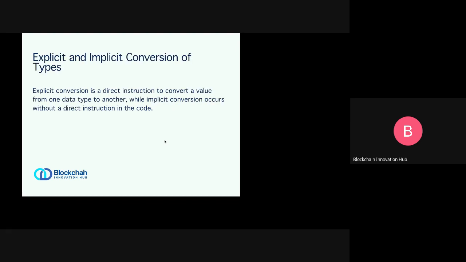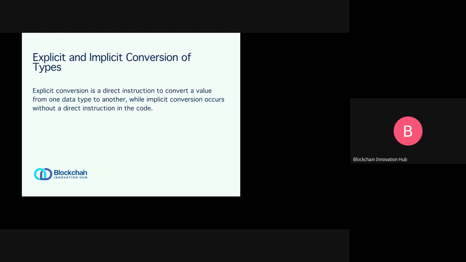Then another thing is explicit and implicit conversion of types. Explicit is a direct instruction to convert a value from one data type to another, while implicit conversion occurs without a direct instruction in the code.